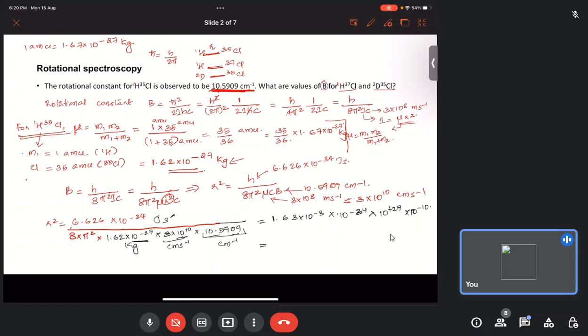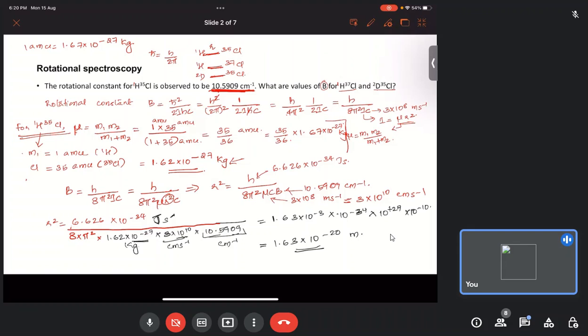So when we adjust all the powers, it will be like 27 minus 34, 1.63 into 10 to the power minus 20. This will be in meter squared, because we are using joules and everything else is in appropriate units. So this is the value of R square.